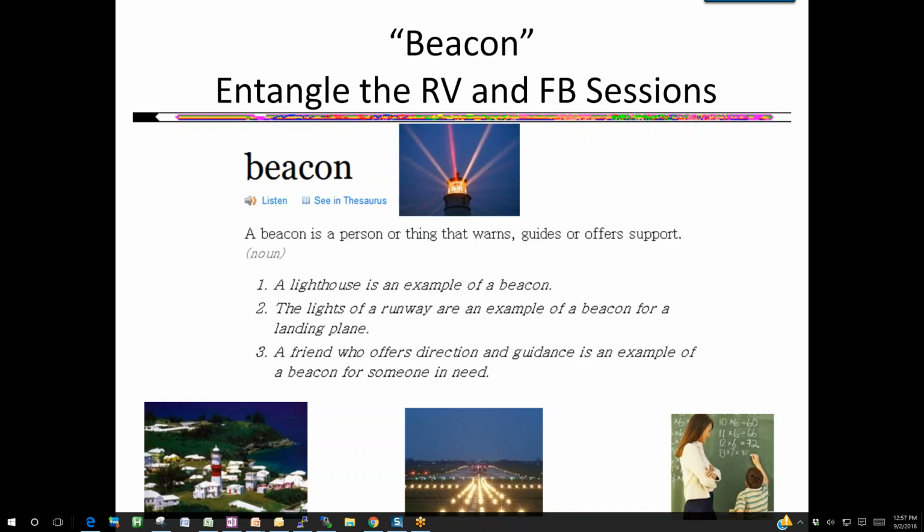And then you probe your target. You can actually probe your target number just like you can probe an ideogram. Just little focusing methods to make this connection. And all of those are types of beacons, in fact, if you do similar things at the feedback session that you do at the remote viewing session.